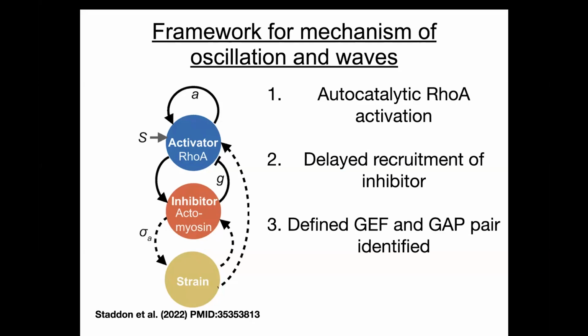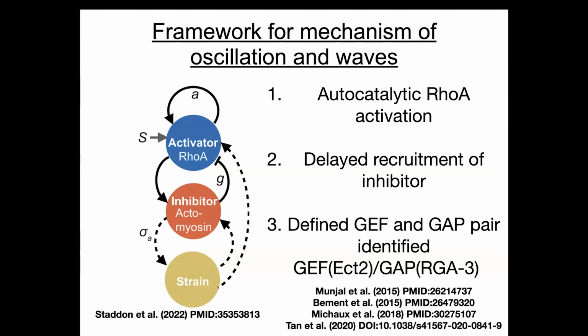The one that was first identified is this Ect2 and RGA-3. And I just want to point out that this kind of model is developed through the work of Akankshi Munjal and Tom Lecuit's lab, Bill Bement, Edwin Munro, and also Zhejian Tan and Nikta Fakhri's lab.